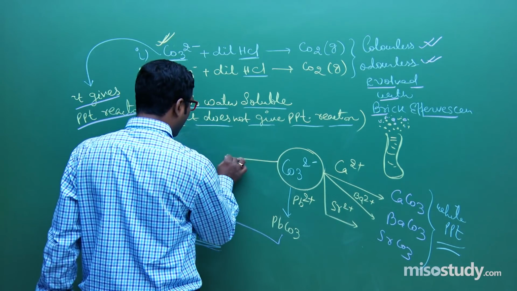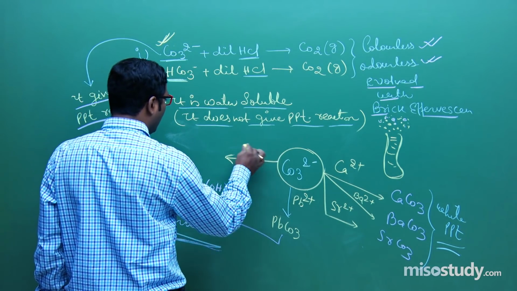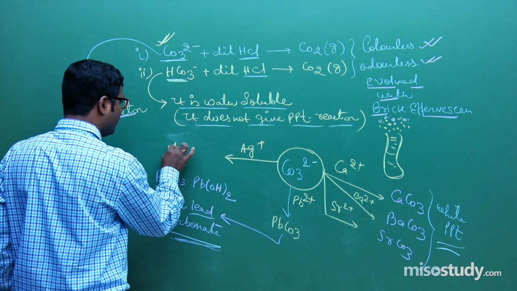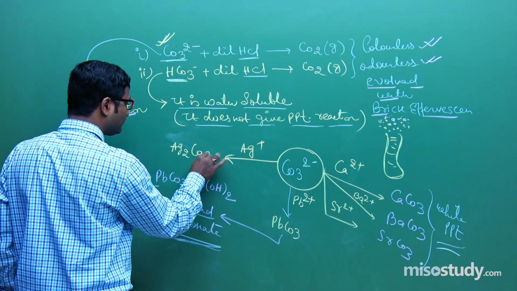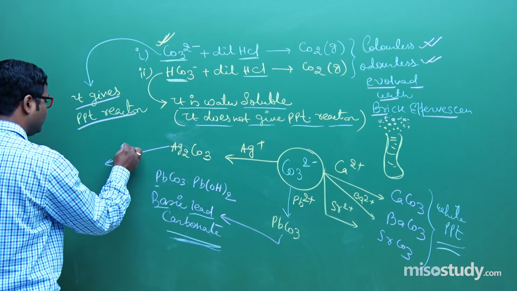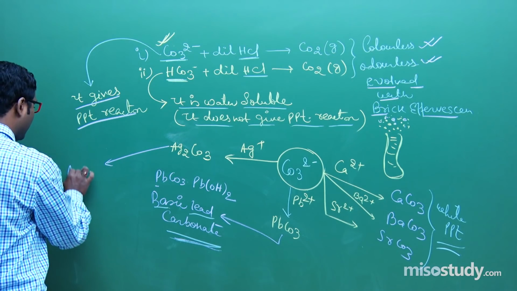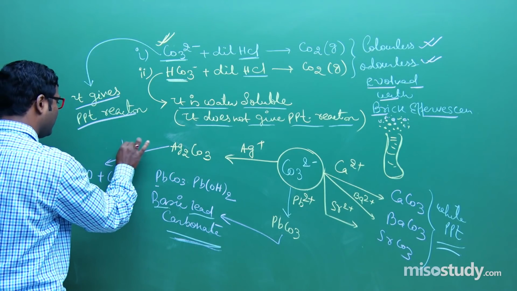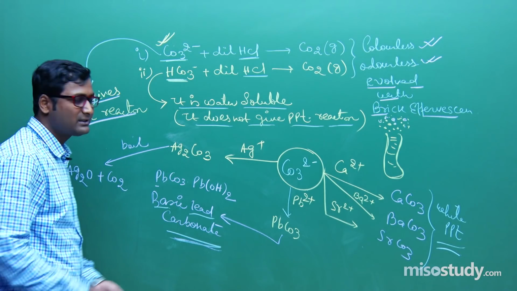Now again, on treatment with Ag plus, it gives Ag2CO3, which is again a white PPT, which on further boiling decomposes and gives you Ag2O plus CO2. Lots of reactions are there, no need to be worried. Just think on it.